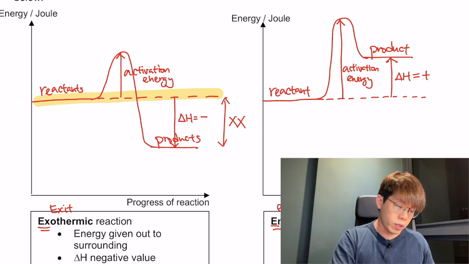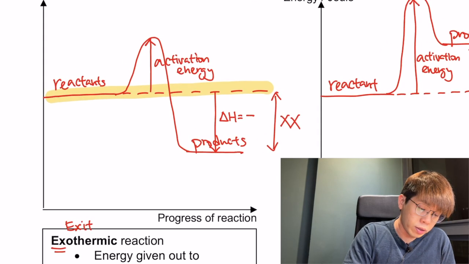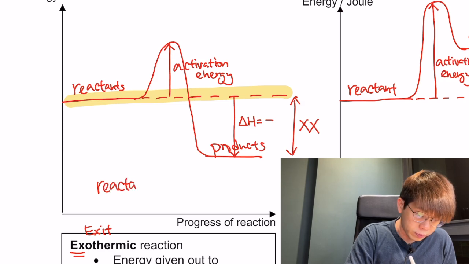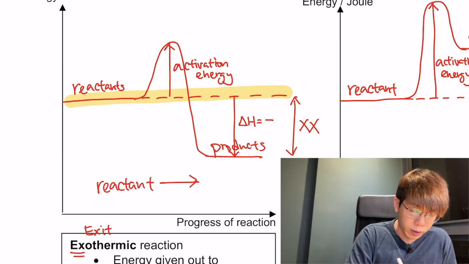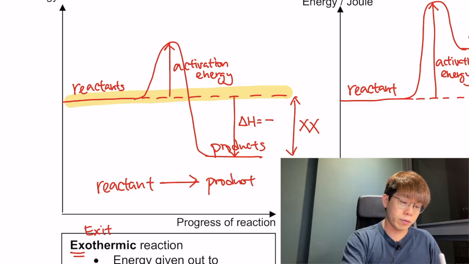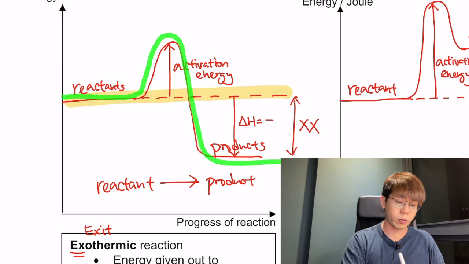Let's look at the exothermic one. We have the reactants forming the products. The reaction will start from the reactants, get enough energy to overcome the activation energy, and then form the products.